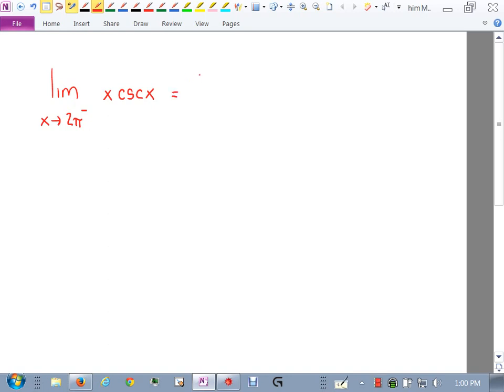So if you rewrite this, you can write the limit as x approaches 2 pi from the left of x over sine x. Do you agree? Because cosecant of x is 1 over sine x, and so you can really just look at it as being x over sine x.